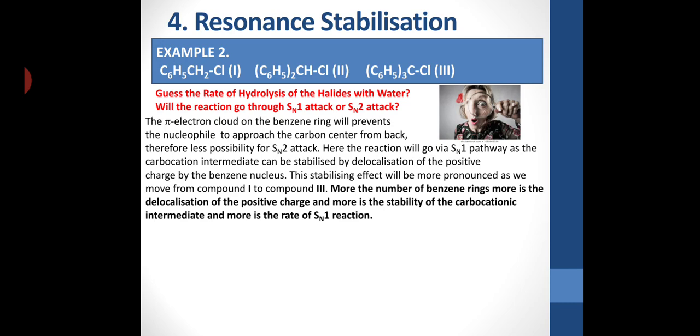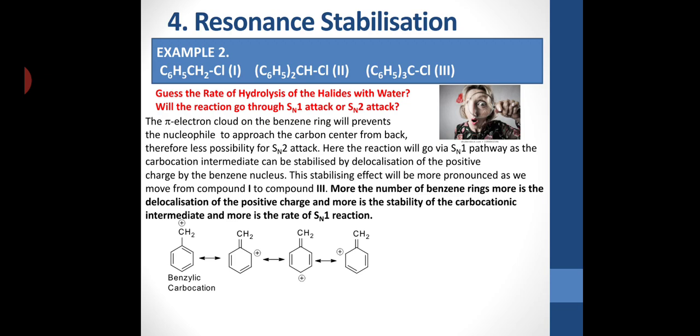Here the reaction will go via SN1 pathway, as the carbocation intermediate can be stabilized by resonance with the phenyl ring. More the number of phenyl rings, more the delocalization of the positive charge, and more is the stability of the carbocation intermediate. So, the rate of the reaction increases from compound 1 to compound 3.